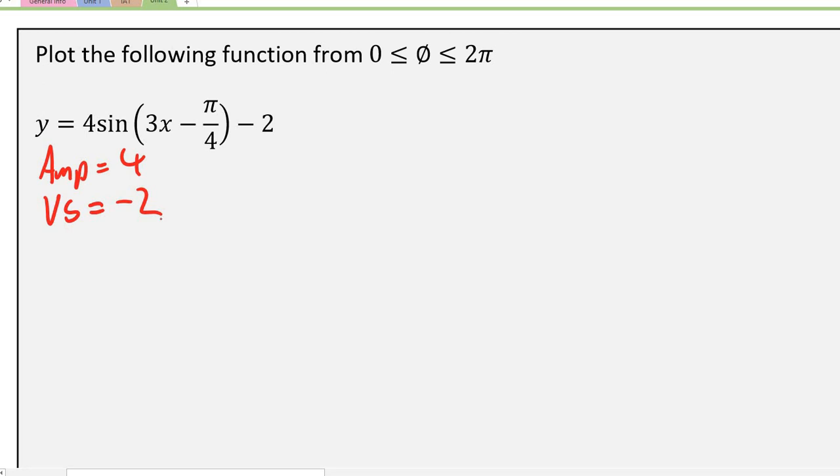Period or phase shift? Period. Period is, what's my rule? 2 pi over b. And what's my b value in this case? 3. 2 pi on 3. What's 2 pi on 3?